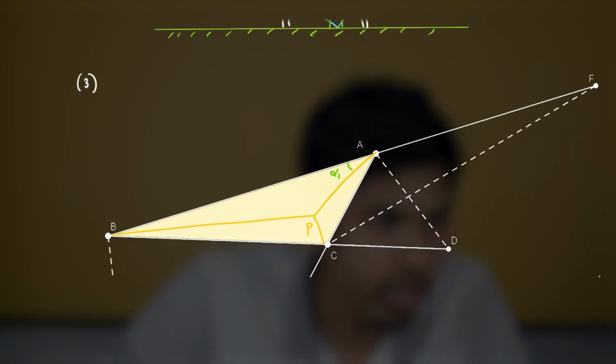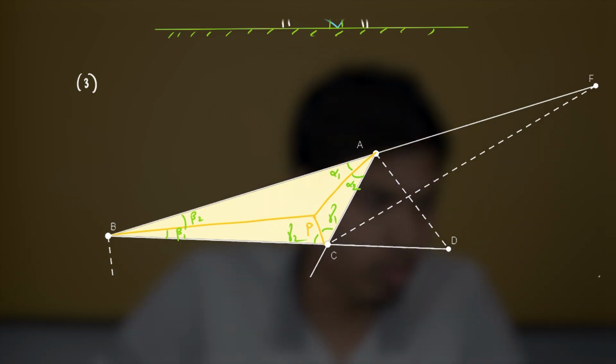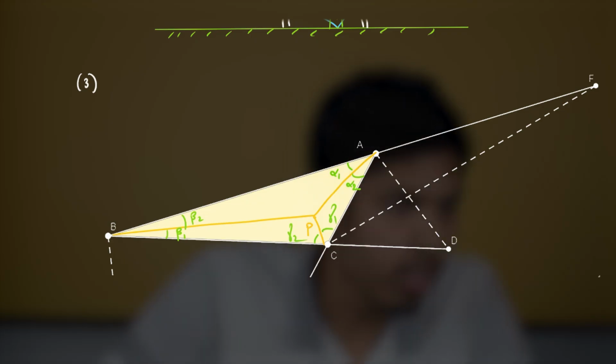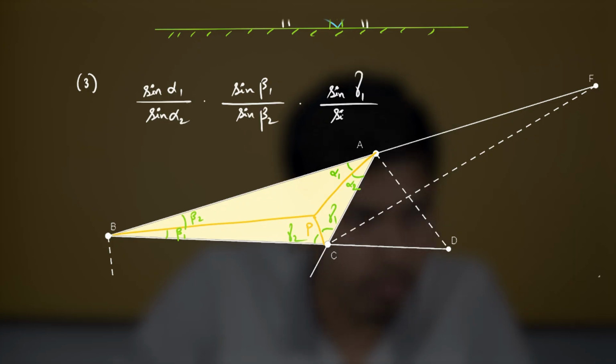In order to be pertinent with the trigonometric form of Ceva's theorem, let's be consistent with our notation. We will use the same notation as before. So since these three cevians concur at P, of course if you extend them they are just cevians, so we have truncated them, you get the same expression: sin alpha 1 by sin alpha 2 times sin beta 1 by sin beta 2 times sin gamma 1 by sin gamma 2 equals 1.